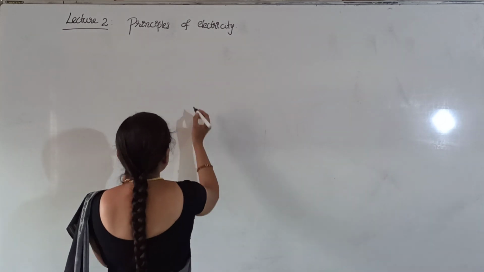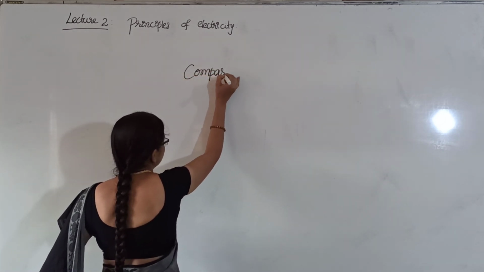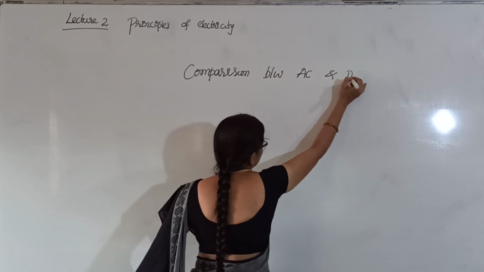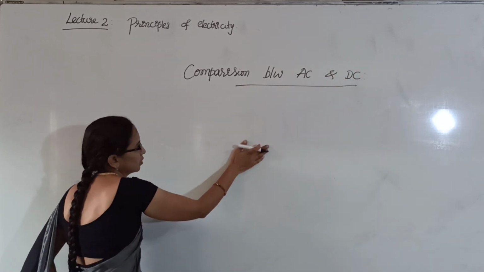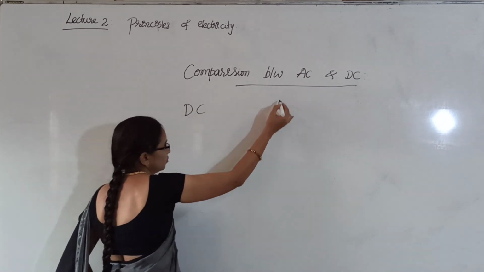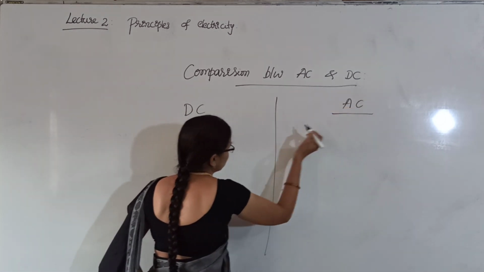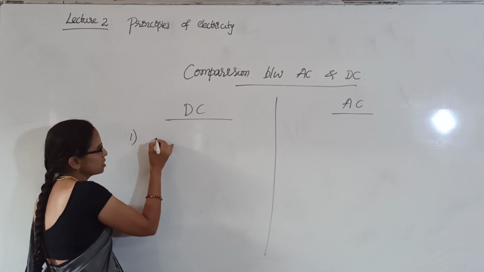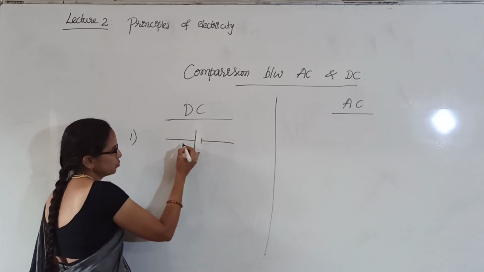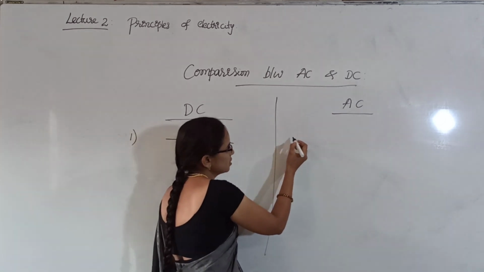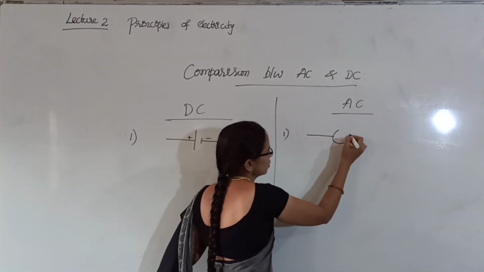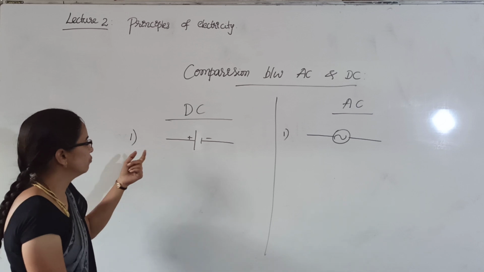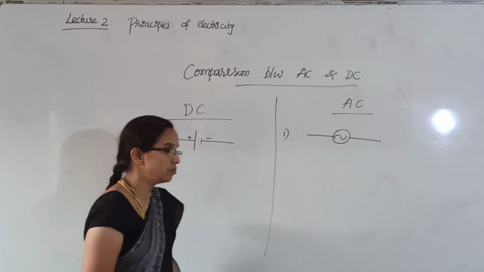Now comparison between AC and DC, direct current and alternating current. The first one is the circuit symbol: the circuit symbol of the DC source is this one, whereas the AC source we represent like this.